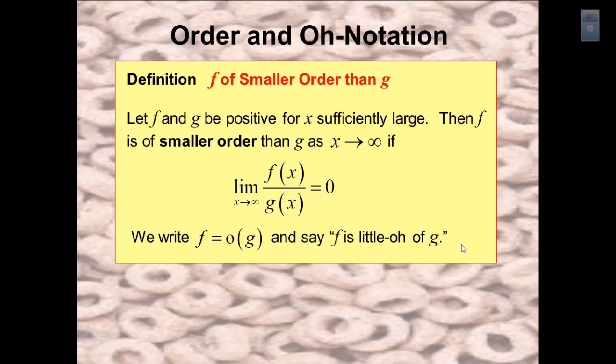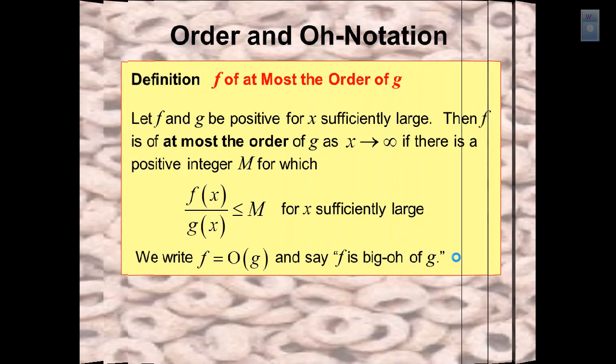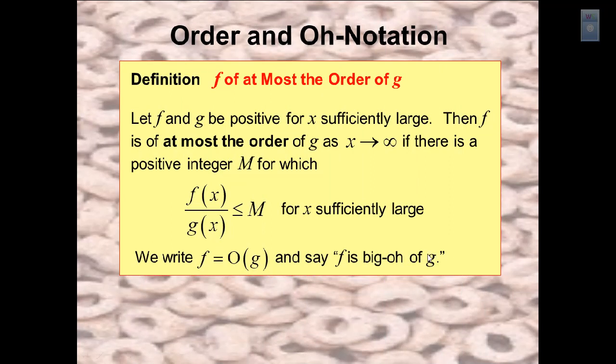All right, and of course, if there's going to be an O notation for growing at a slower rate, then there's also going to be a way to say greater. So let f and g be positive for x sufficiently large, then f is at most the order of g as x approaches infinity if there is a positive integer m for which the absolute value of f of x over g of x is less than or equal to m for x sufficiently large.